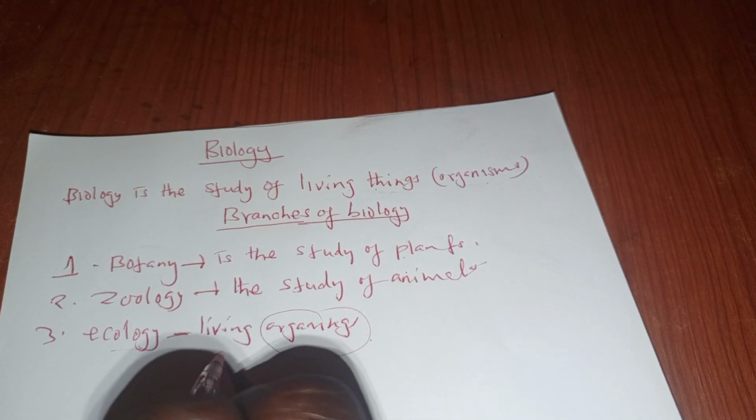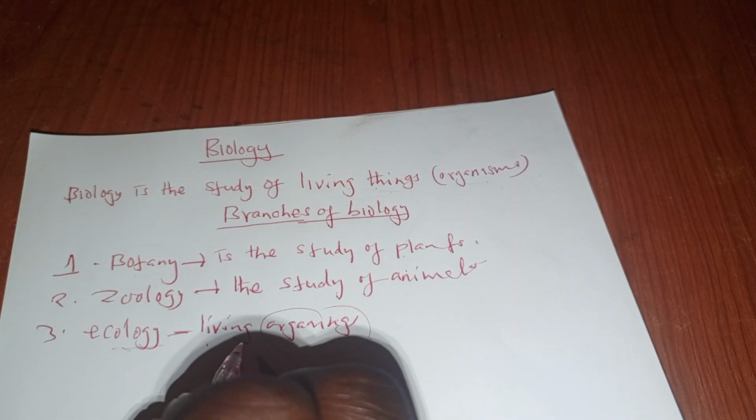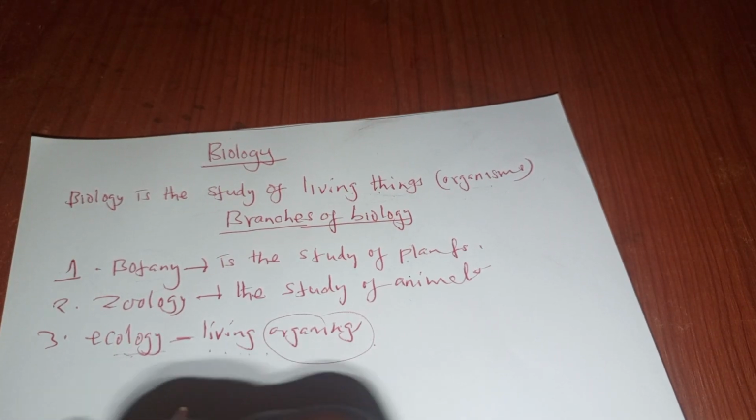So ecology is the study of living organisms, and also how they interact with the non-living organisms and the environment. If you ask what ecology is, ecology is the study of interactions of organisms with each other and with their non-living environment. In short, ecology is the study of living things and how they interact with non-living things in the environment.